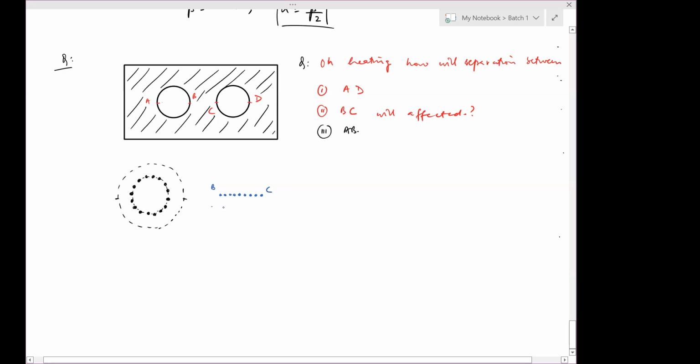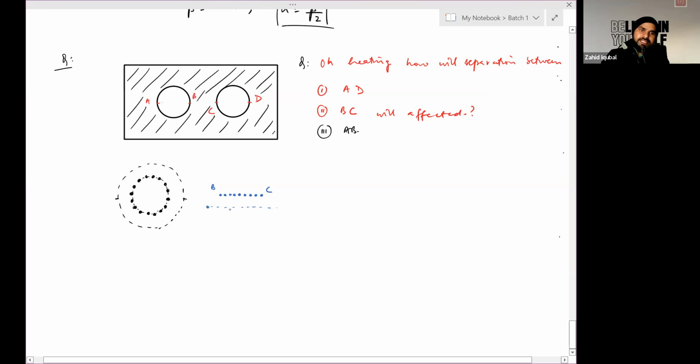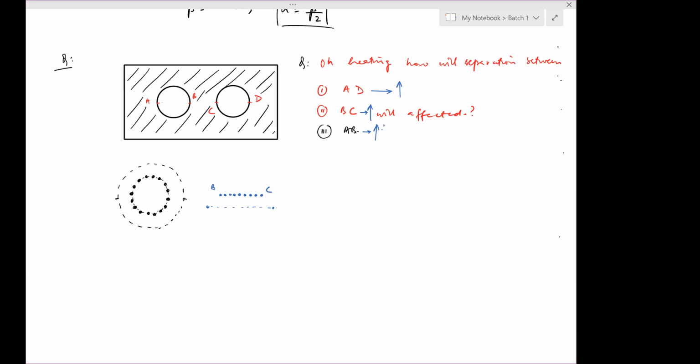So separation between B and C will increase. Hence, for A and D also, it will increase. For B and C, it will increase. And for A and B, increase. For all situations, separation will increase. Hamza, is it clear? Yes, sir. Okay.